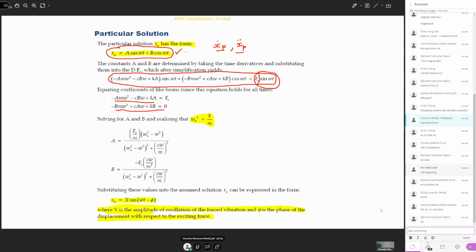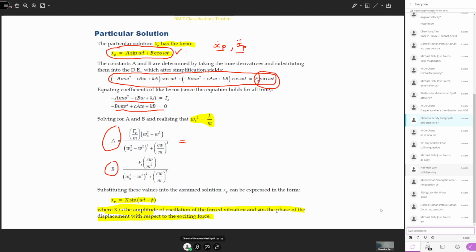You can solve these two equations mathematically and find the constant A like this and the constant B like this. I'll not go into the mathematical part, and you'll not be asked to derive this in exams.